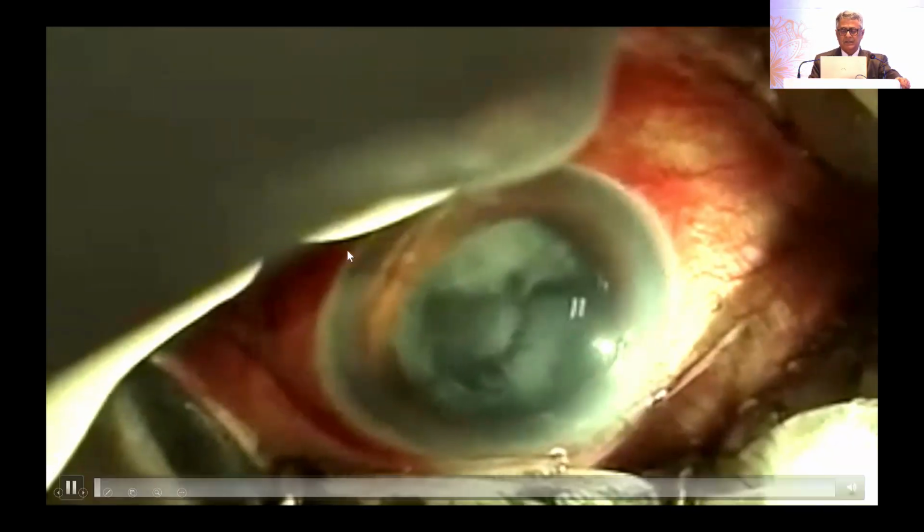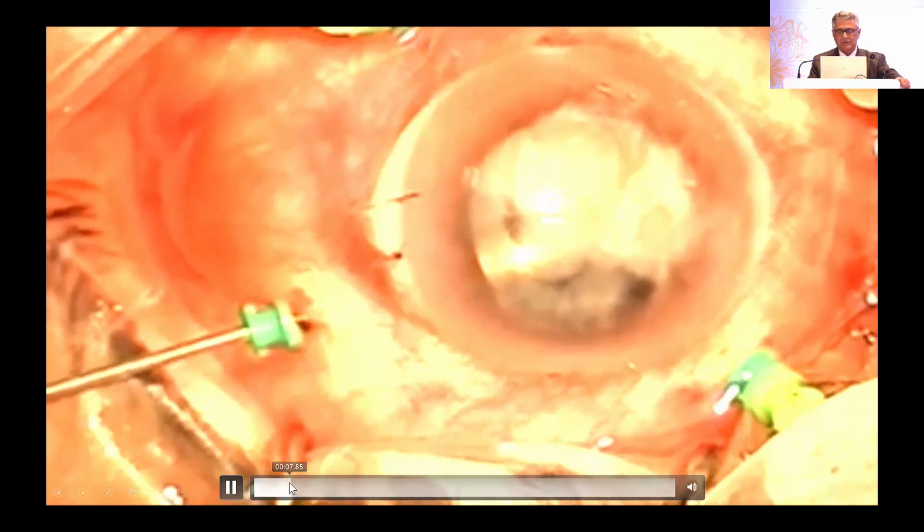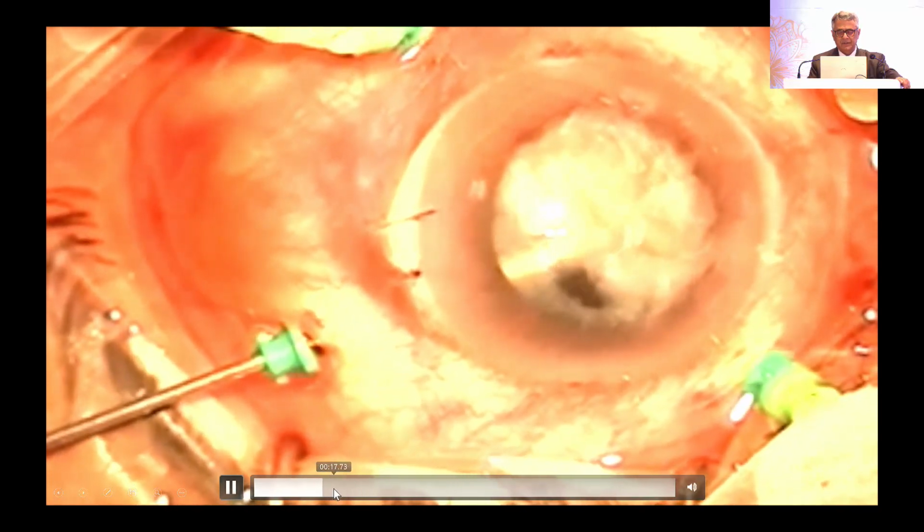So this is another patient who had PCR, and the lens matter is still inside. Sorry for this bad quality of video. So then you approach this patient after a couple of days when the cornea is clearer. Studies have shown that it does not matter if you wait for a couple of days.